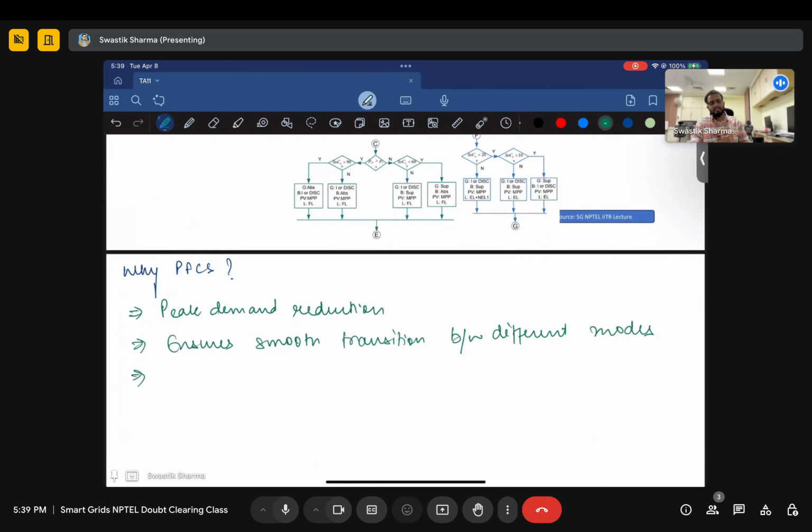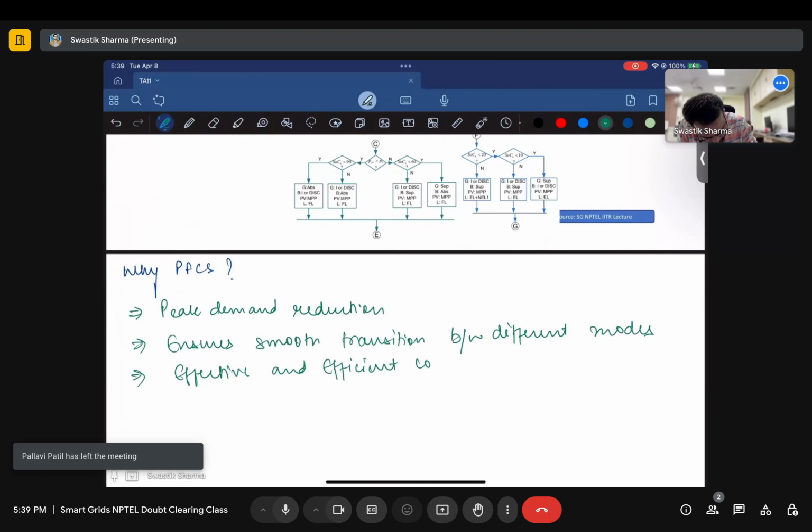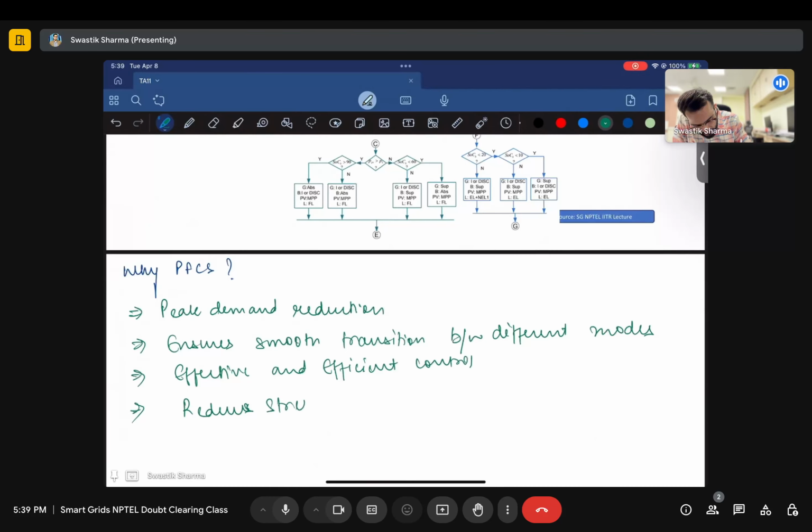Next, based on this PFCS, we can have effective and efficient control. Next, based on how much the battery is holding, we can reduce the stress it incurs. It reduces stress on the battery.